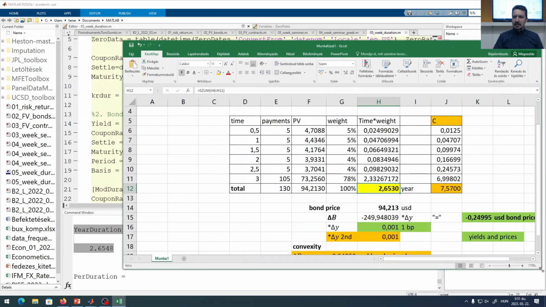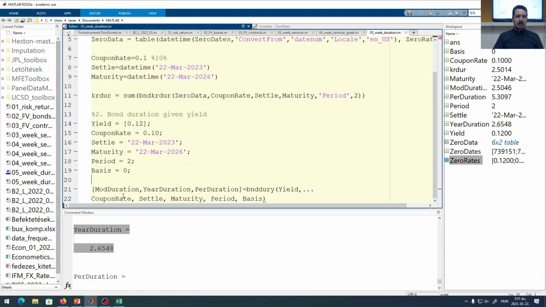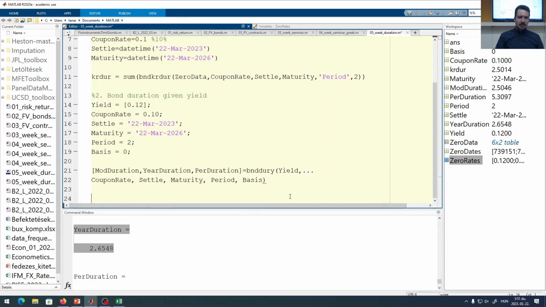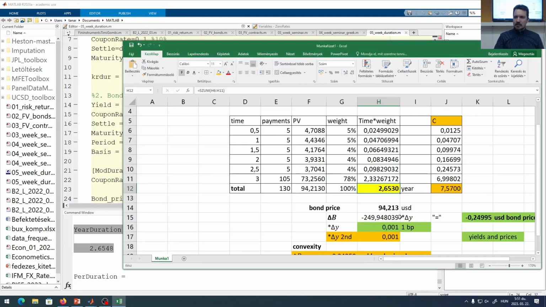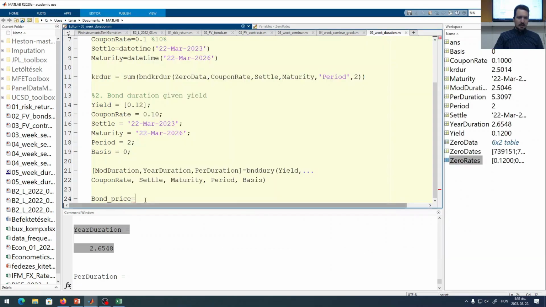After that we can still say, okay, what is the application here? So we need the bond price. So let's set the bond price to this number here.